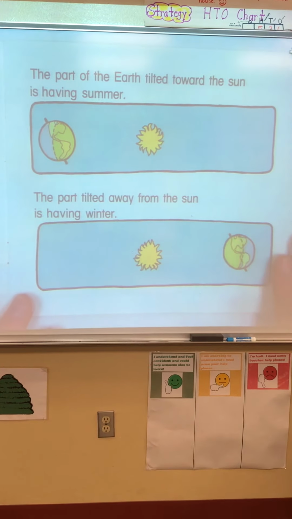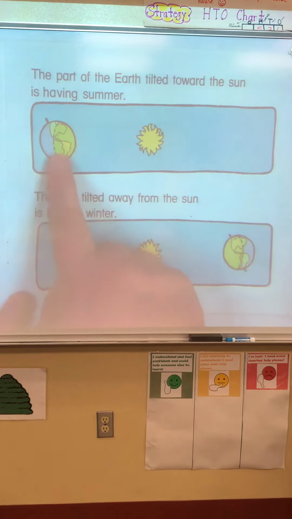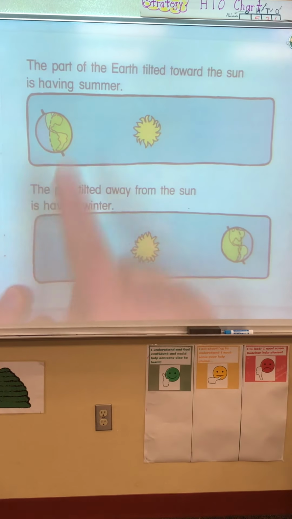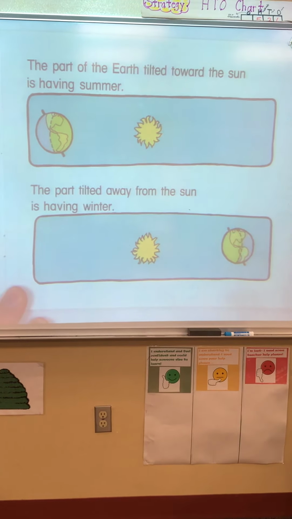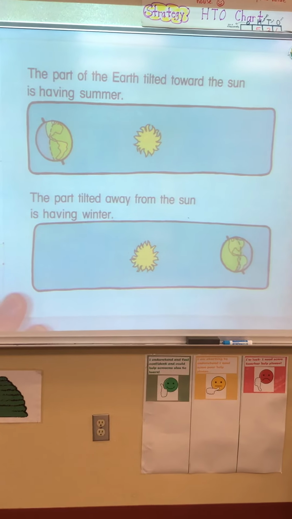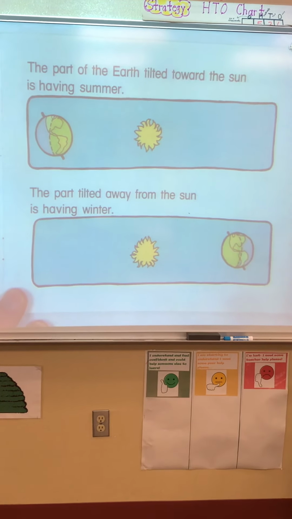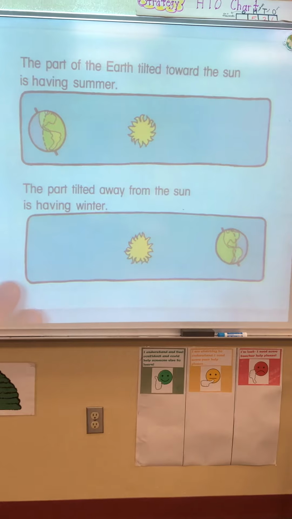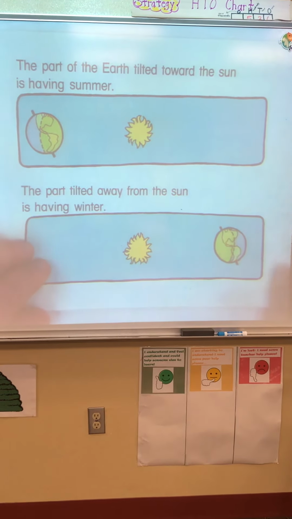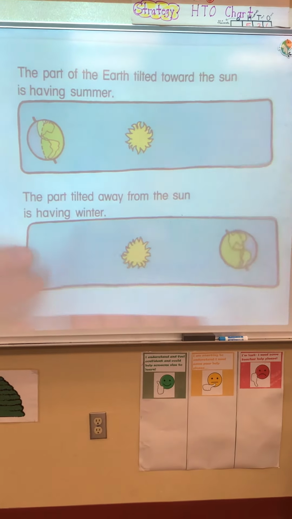The part of the Earth tilted toward the sun is having summer. It's because we're getting more heat from the sun. The part tilted away from the sun is having winter. So we just came out of winter or in spring now.